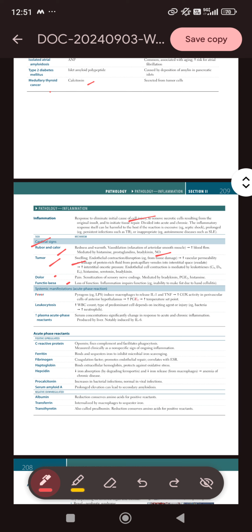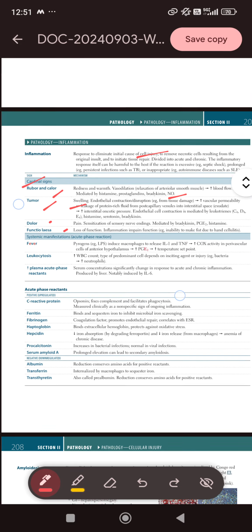Dolor means pain. So, you have to have money to be out of pain. Just a mnemonic type of thing, you can go about it. Mediated by bradykinin, PGE2, histamine. Functio laesa is the loss of function, or in inflammation, impaired function. Okay.